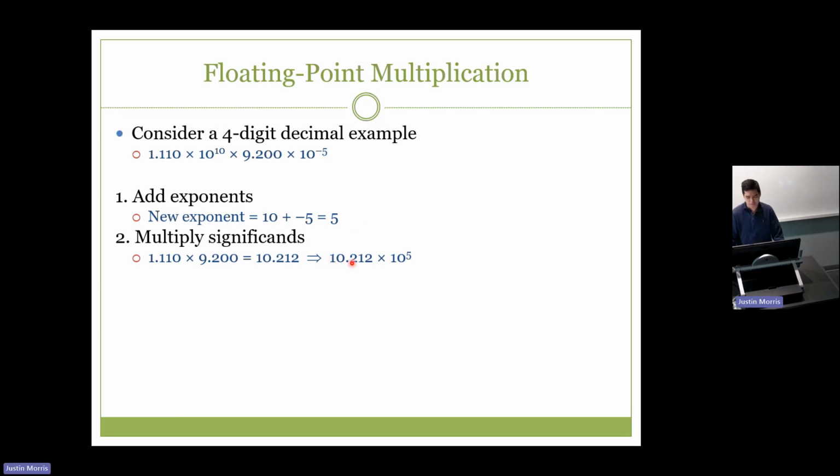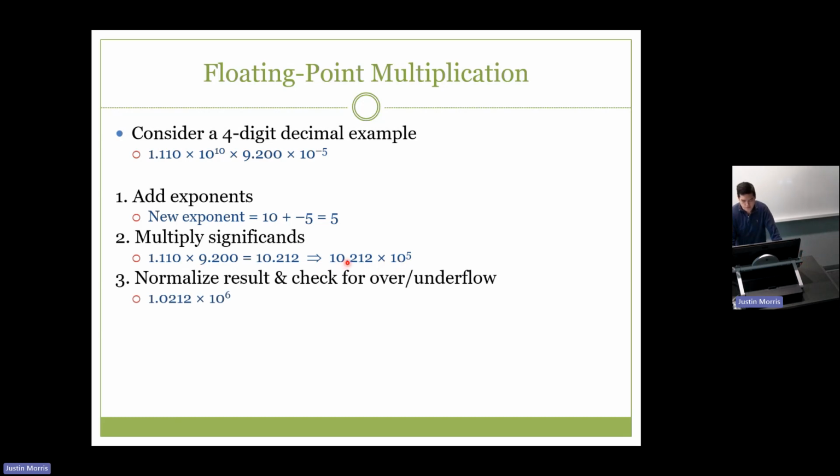And then after we multiply them and we have this new exponent, the next step, this is not the exact final result. Next step is normalize it, right? So I'm going to shift to the left by 1, so I'm going to add 1 to the exponent. When you shift left with exponents, that's when you subtract, right? It depends what you're doing.